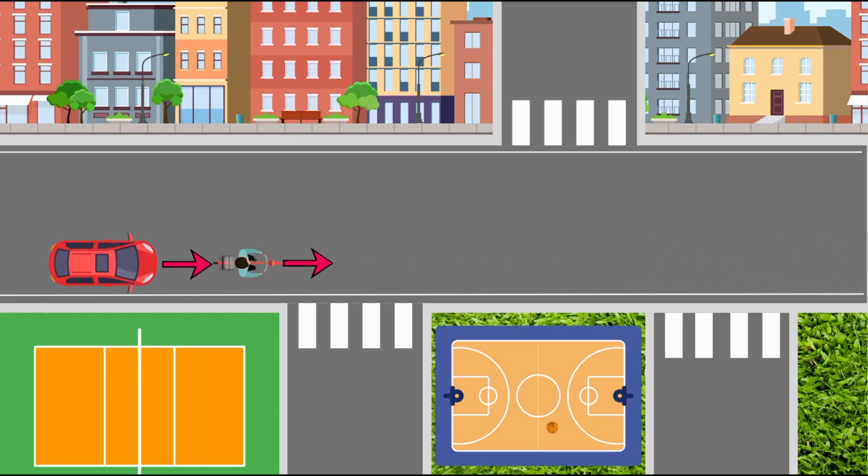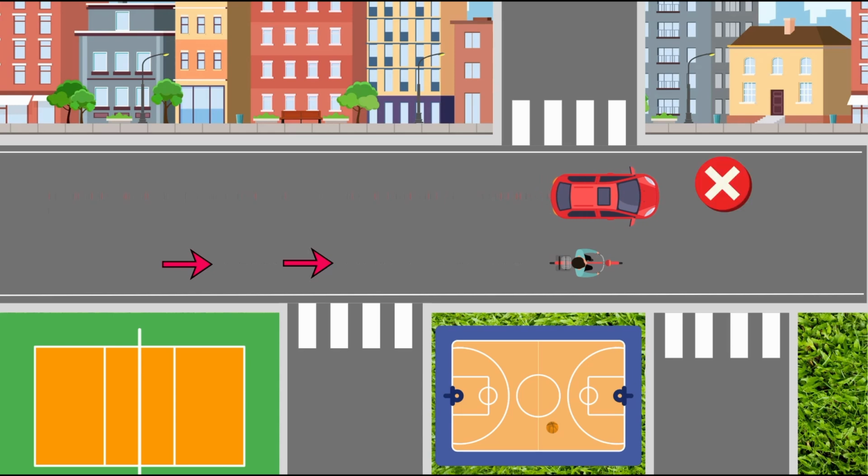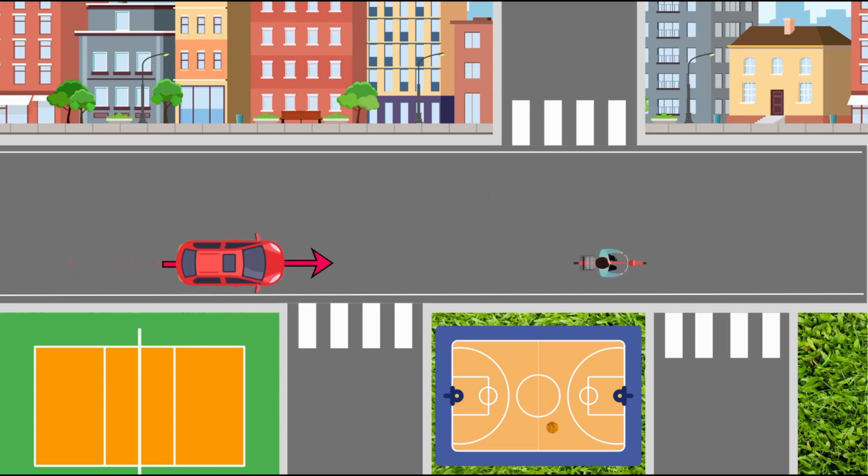If the car started overtaking the cyclist, this is completely wrong, and this is what we have to avoid when we are driving in a residential play street. The correct way is to wait behind the cyclist, and as soon as he crosses the intersection, we cross the intersection. This is what we need to do when we are driving in a play street.